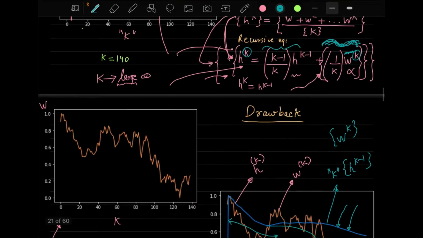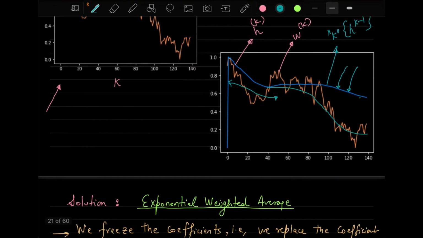So if this contribution is gone, that is why this curve is not able to follow this curve, and it becomes flattened like this, the way it is shown in the blue curve. So this is not the curve that we have for this particular result.